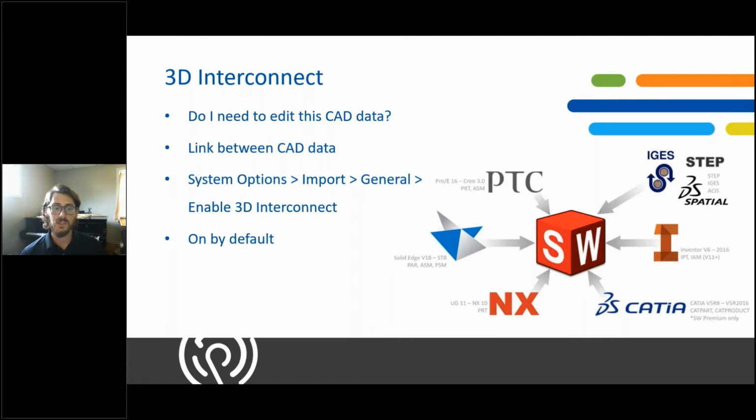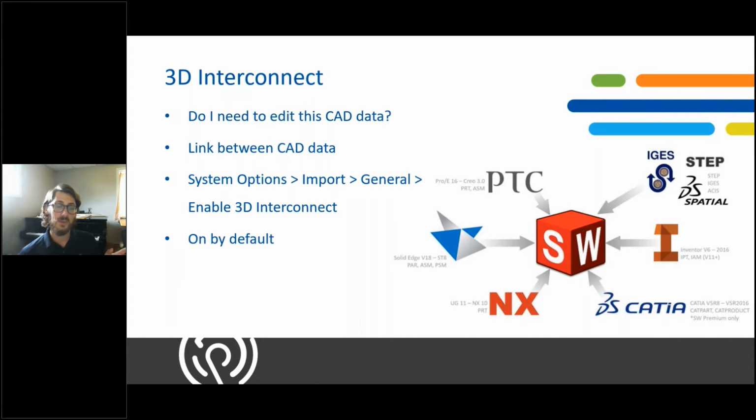What that means loosely is, if you were to have 3D Interconnect toggled on and you bring in a CATIA file or a solid edge file, you can choose to bring it into the assembly, and effectively all it's doing at that point is referencing the original CATIA file or solid edge file, the original format of the file that exists on your desktop. And all it's doing is acting as a 3D placeholder for this reference point.